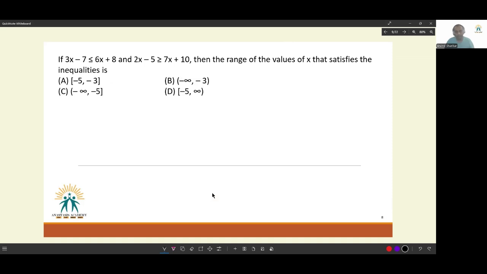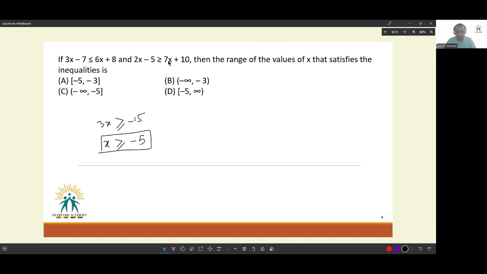Okay. 3x minus 7 is less than or equal to 6x plus 8, and 2x minus 5 is greater than or equal to 7x plus 10. And the range of values of x that satisfies the inequalities is very simple. We bring it to 3x is greater than or equal to minus 15, or x is greater than or equal to minus 5.